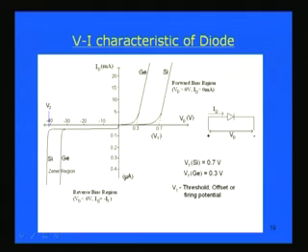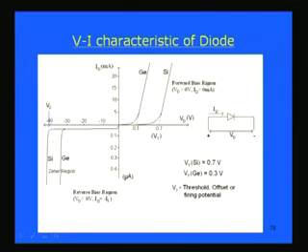For a very small change in the applied voltage, you will find a huge change in the current, and this will be exponentially growing current. Similarly for silicon, there is a similar curve, only its barrier potential is 0.7 volt.